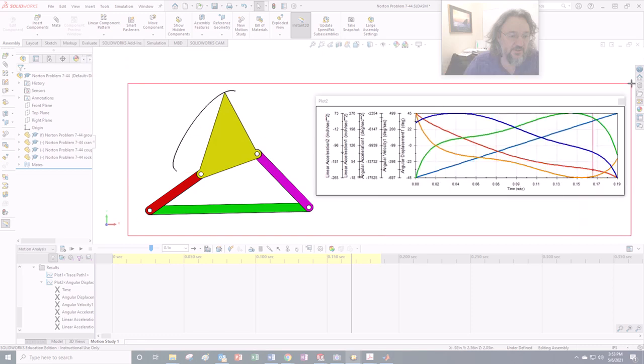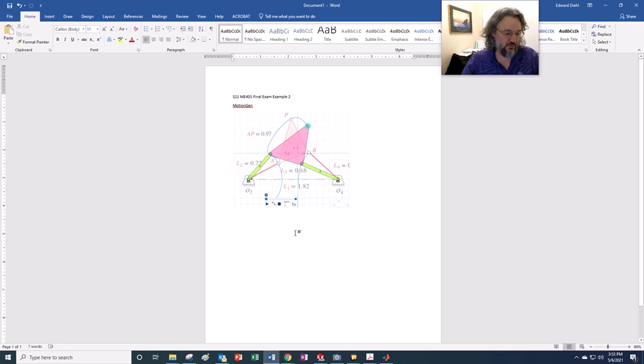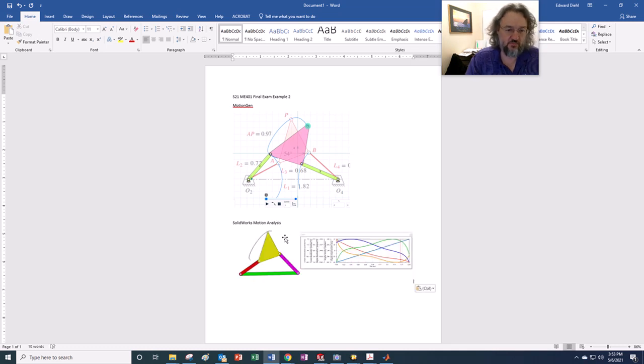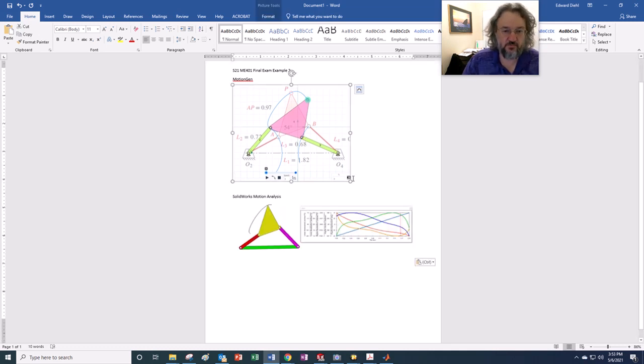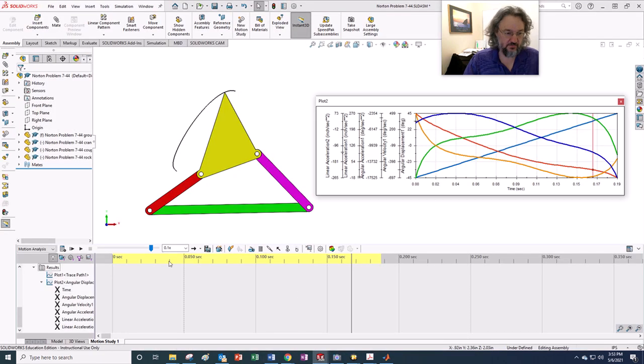It's not really that we're going to get much out of that, but we'll put that right there, and we'll write what this is: SolidWorks motion analysis. Boom. And these don't need to be big, right?